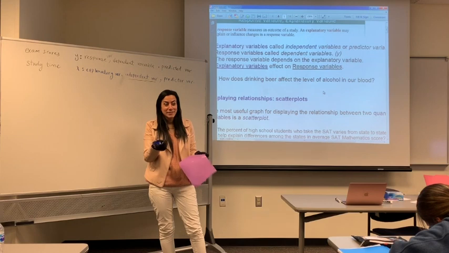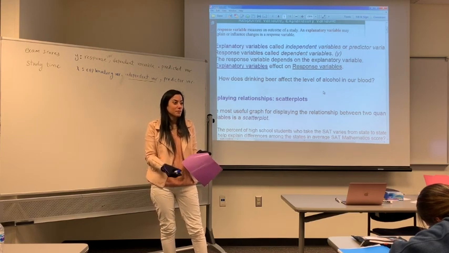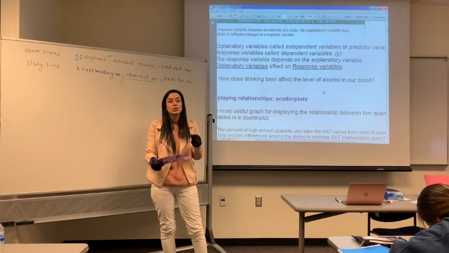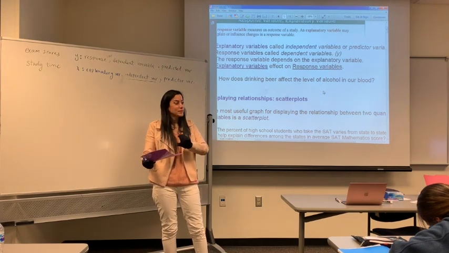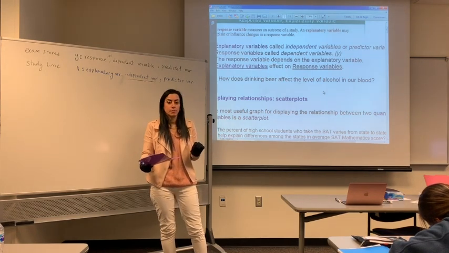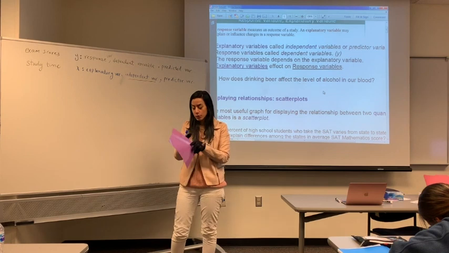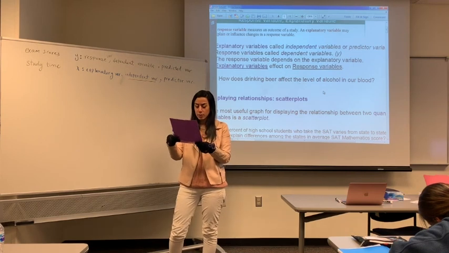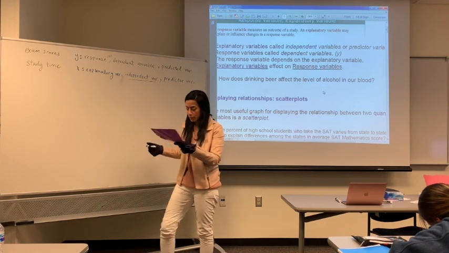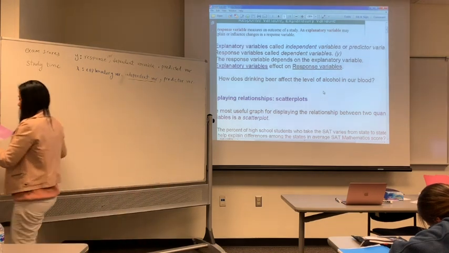Without knowing that, you cannot solve any problem, any question. You should know first which variable is response and which variable is explanatory. So how can we know? We'll start with some examples, and then I will give you some sentences.